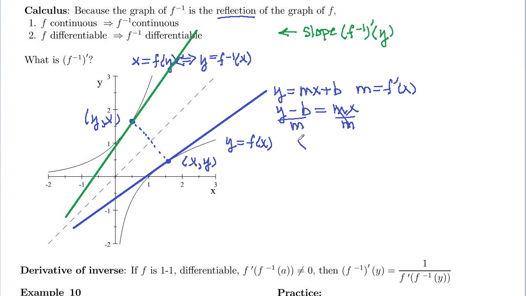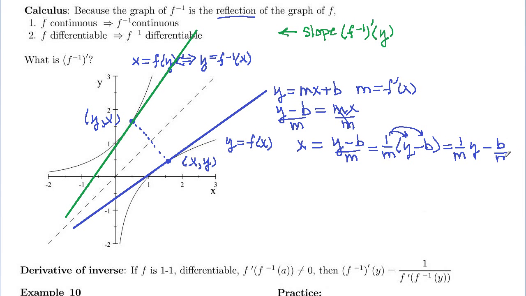So the m's cancel, you get x equals y minus b over m, which you can write as 1 over m times y minus b. And then we could multiply that 1 over m in. So you get 1 over m times y minus 1 over m times b, so b over m. And that's our green line. So this is x equals 1 over m times y minus b over m.